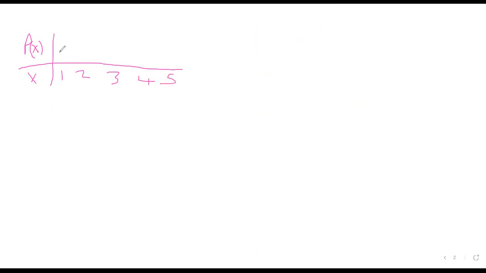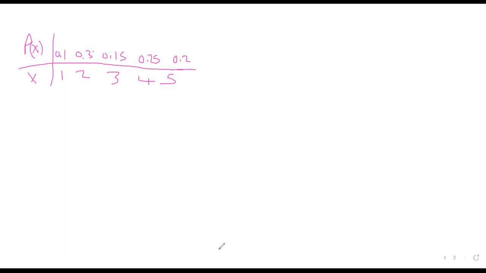And we're given the probabilities 0.1, 0.3, 0.15, 0.25, 0.2. The sum of probabilities must always add up to 1. So we're going to find each of them as follows.